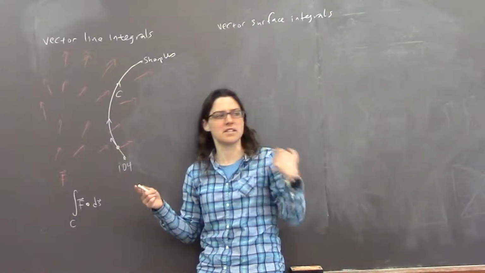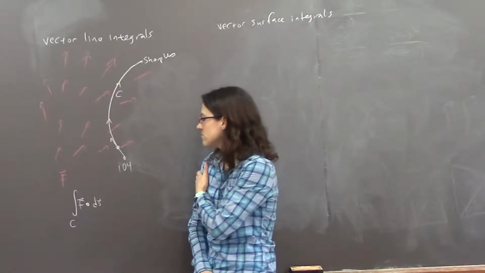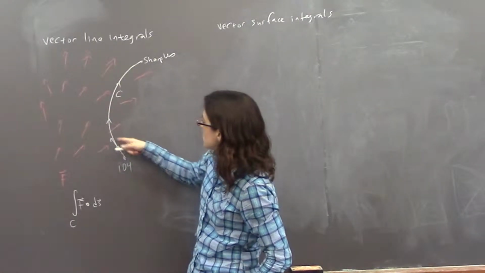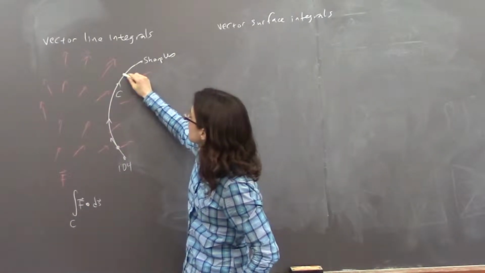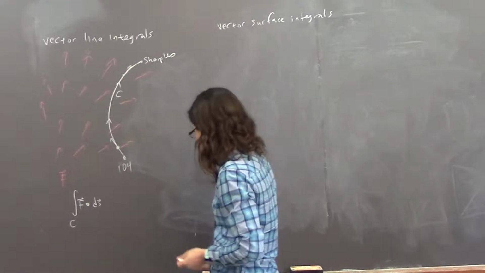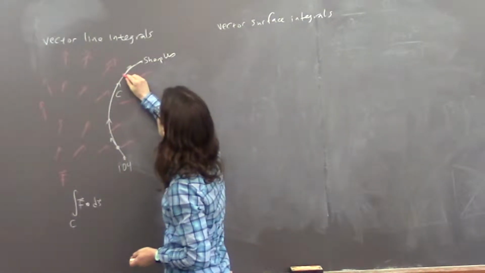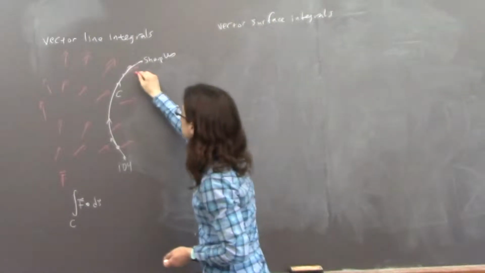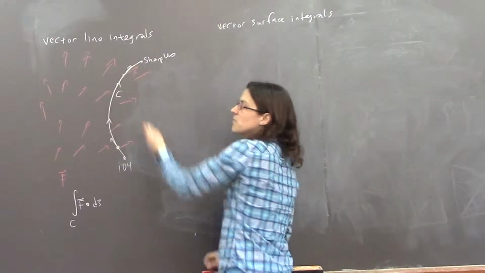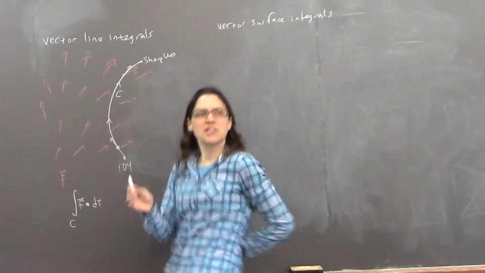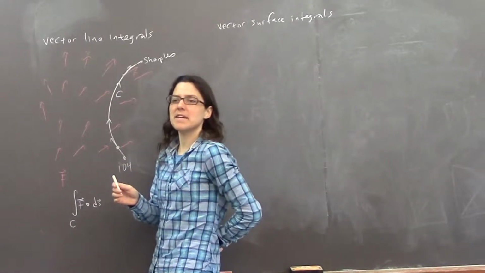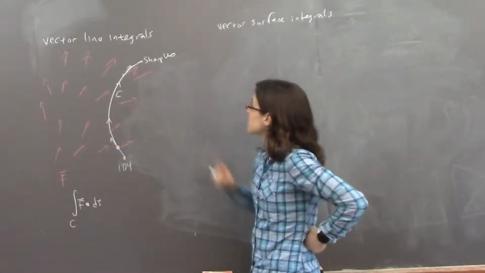It's just like a crosswind hitting your right arm. So here it would be 0 approximately, but up here I'll draw in an extra vector field vector, maybe it looks approximately like that. The dot product would be positive, the wind is at your back, it's helping you get to lunch, you're going to get in line first, you're so happy, this is good. So this is a vector line integral.